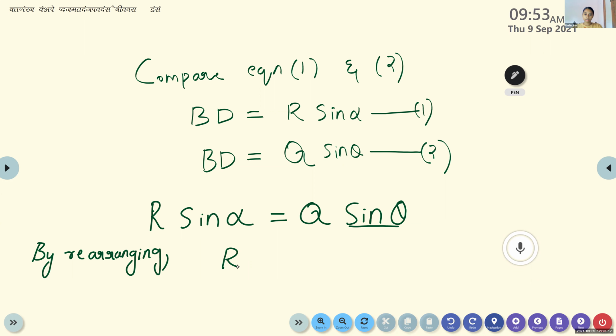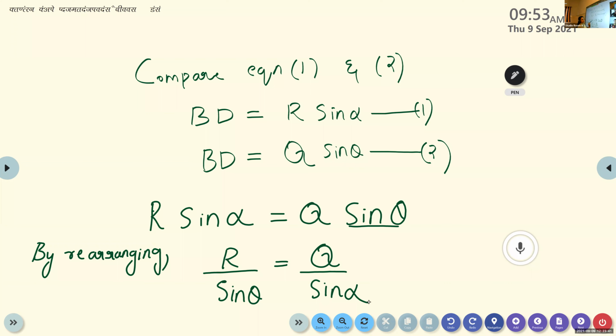Is it negative? Here it is multiplication, Q into sin theta. It becomes division. So here I want to bring the sin theta from RHS to LHS, so it becomes R by sin theta is equal to Q by sin alpha.